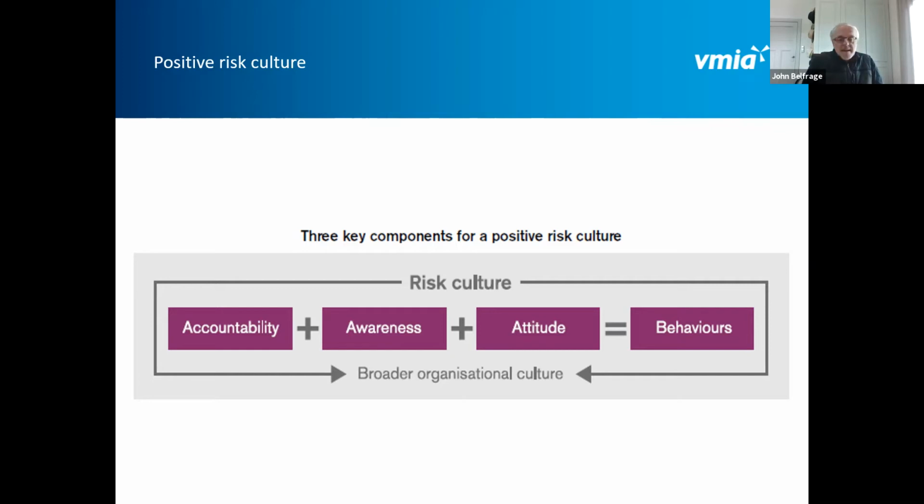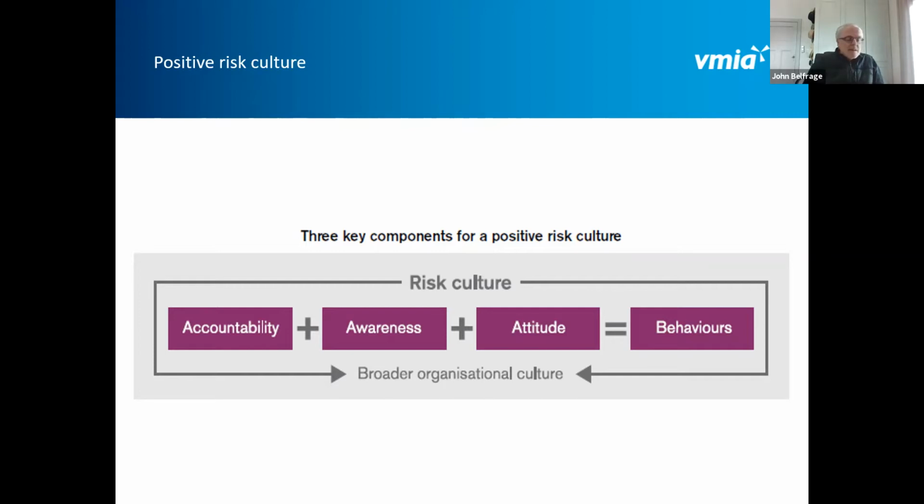Conversely, where there's a positive attitude to risk identification, active participation in decision-making, ownership and accountability, and communications are transparent, then an organisation increases its ability to achieve its objectives and deal with issues proactively, and also when they arise.